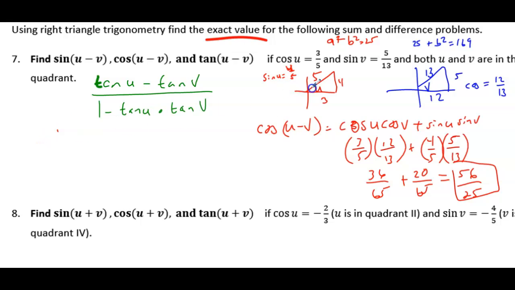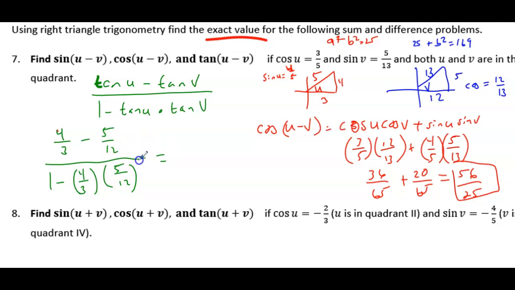So tan of u will be opposite over adjacent, 4/3, minus 5/12, all over 1 minus tan of u times 5/12.